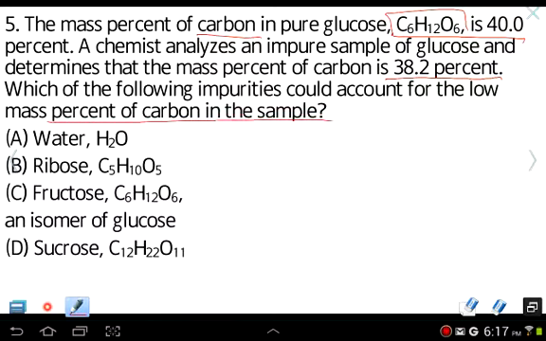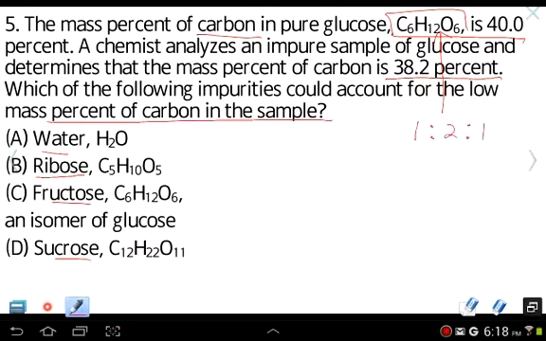So let's take a look at some of these. Now, all of these, by the way, are sugars, with the exception of water. Glucose is actually carbon to hydrogen to oxygen in a 1 to 2 to 1 ratio.